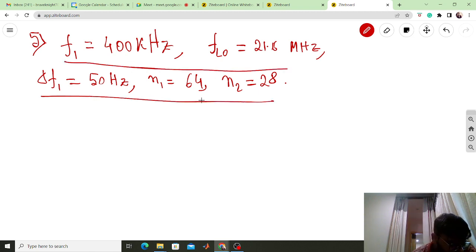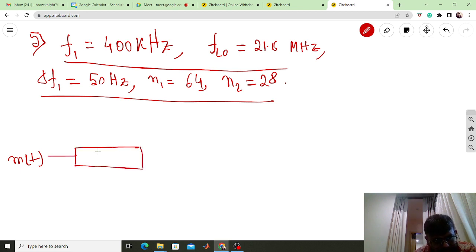Now I am just drawing the block diagram. m(t) is the message signal. It is going to a narrowband FM signal modulator.